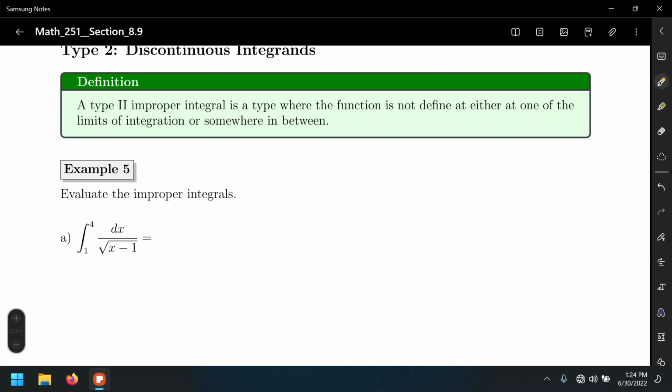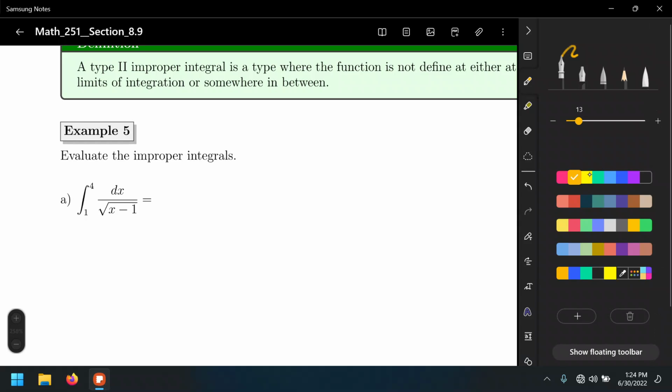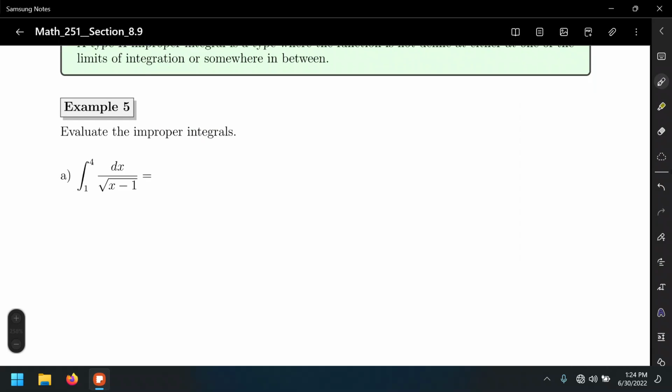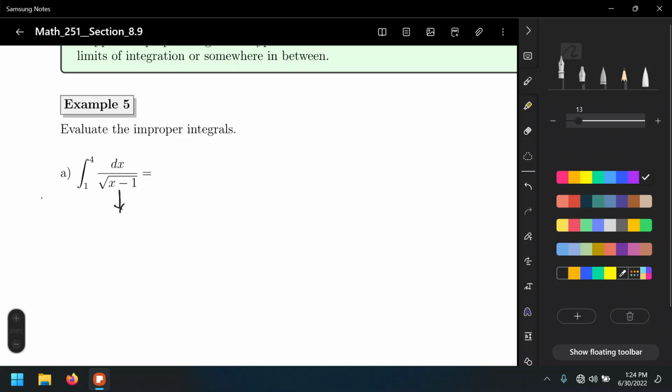So let's set up this integral from 1 to 4 of dx over the square root of x minus 1. Well, number one, it's important to consider that the graph of this function has a vertical asymptote, it is discontinuous at x equals 1.